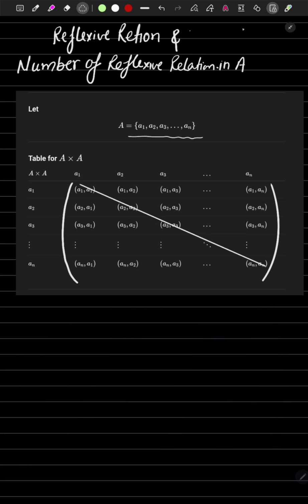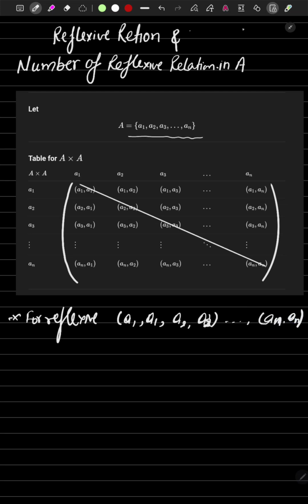Now we'll go for the counting, that is, how many reflexive relations will exist. Dear student, you are very clear that for a reflexive relation, (A1, A1), (A2, A2), up to (An, An) have to be there.